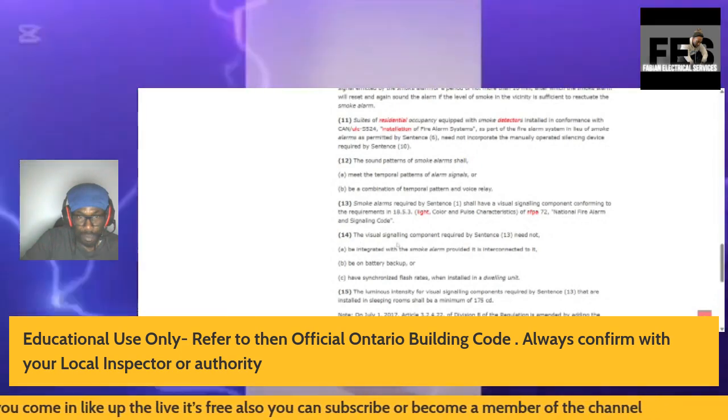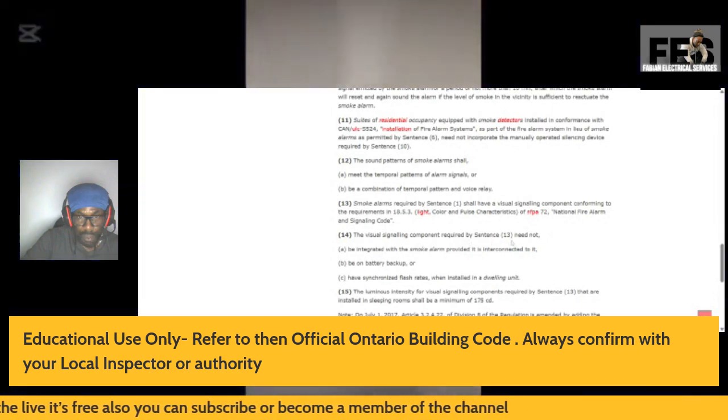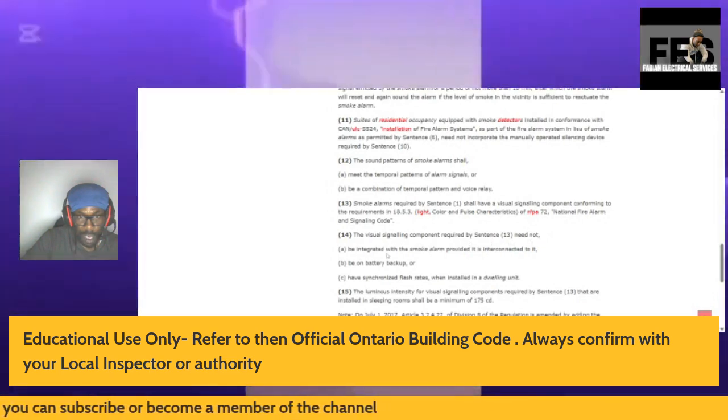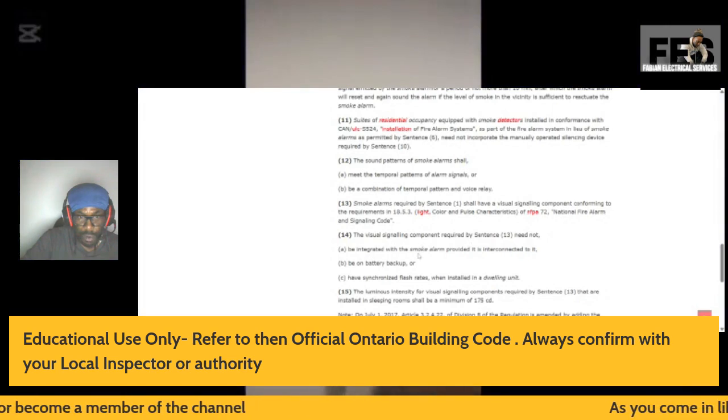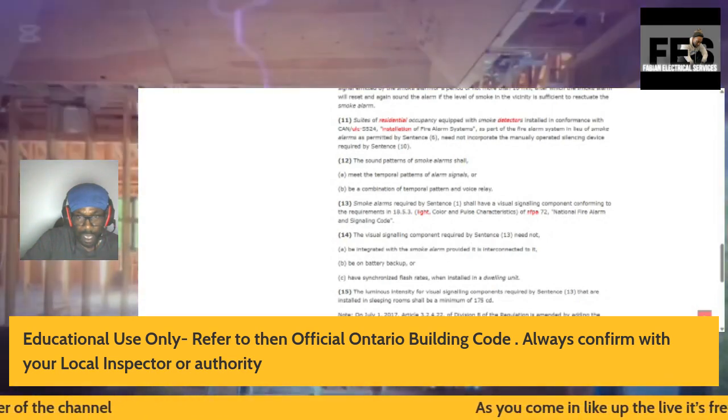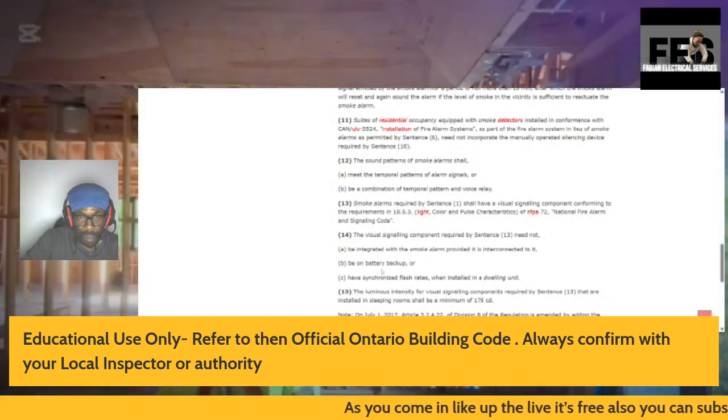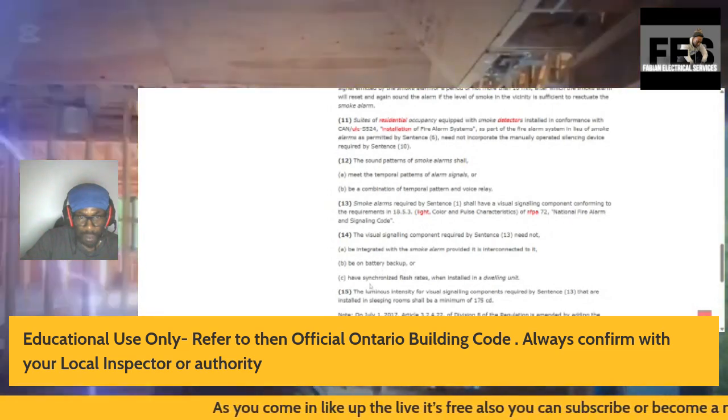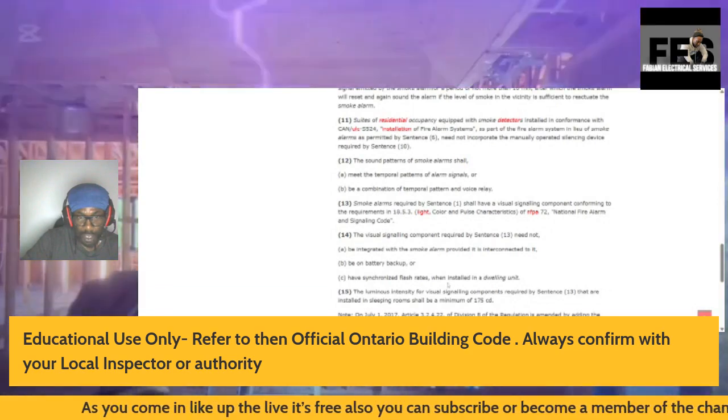The visual signaling component required by sentence 13 need not be integrated with the smoke alarm. Be on battery backup or have synchronized flash rates when installed in the dwelling unit.